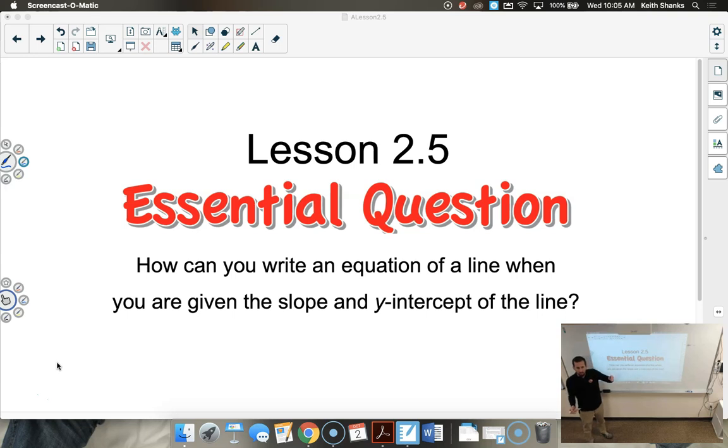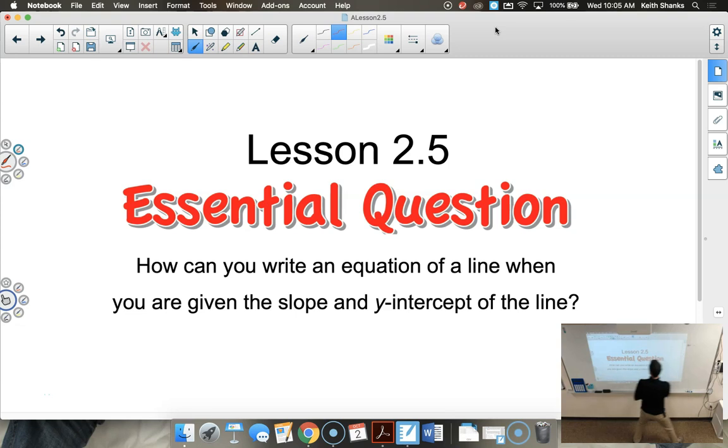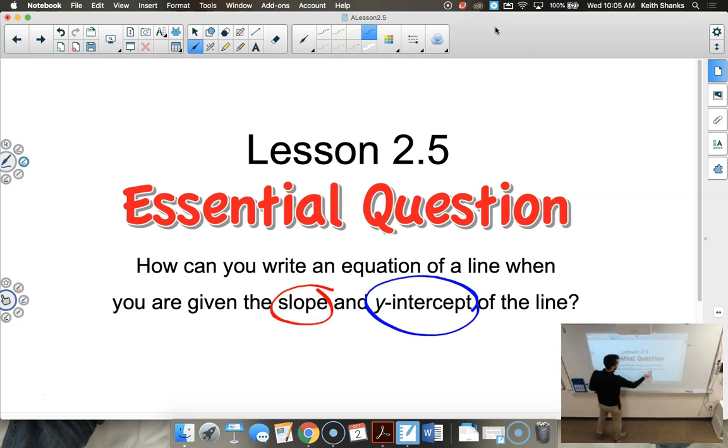I think the other one we did was graphing using intercepts, right? So the idea is, what if they give you the slope and they give you the y-intercept? It would make sense that we would use slope-intercept form, right?